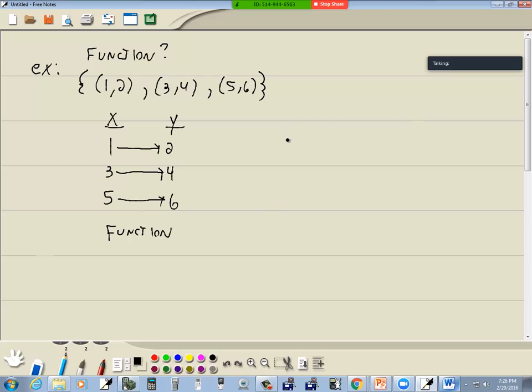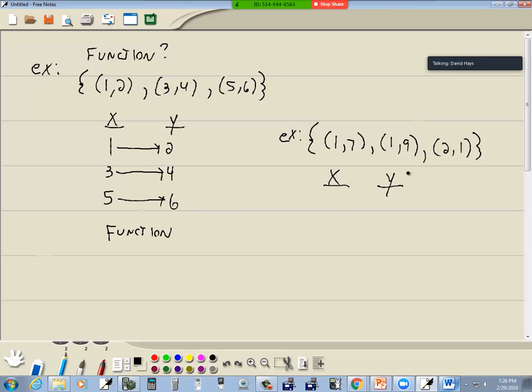Now I'm going to show you one that is not a function. Say we had (1, 7), (1, 9), and (2, 1). Again, for our x values, we're going to write them from smallest to largest, not repeating any.